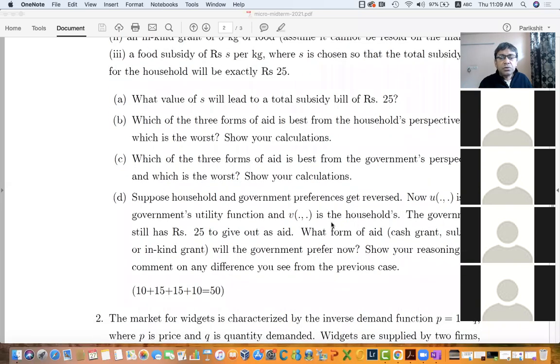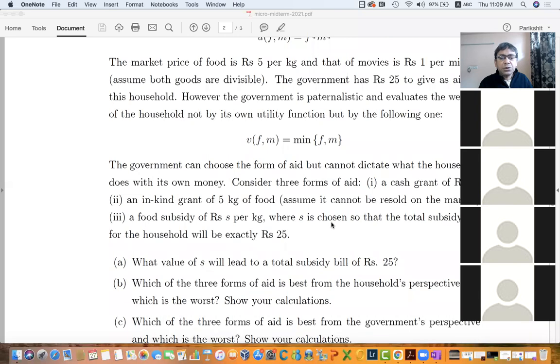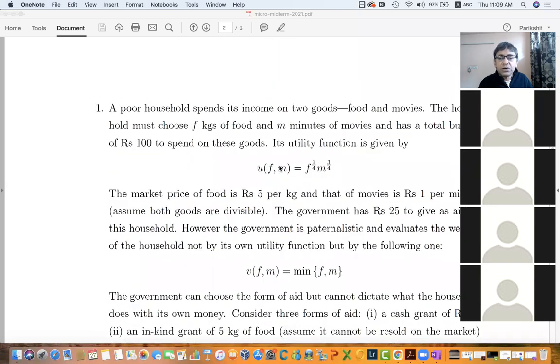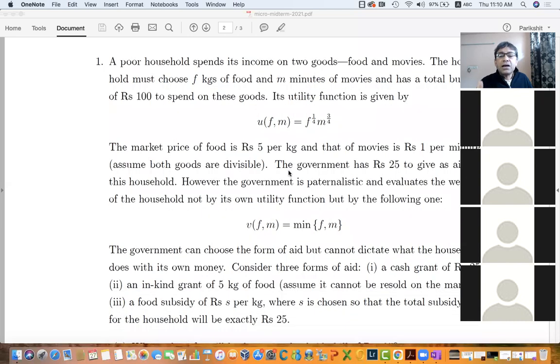And don't get confused when it comes to how much the household will actually consume of food and movies. It will be based on their own utility function and maximizing that utility function. When it comes to what form of aid will be chosen, there the government will use its utility function, right?